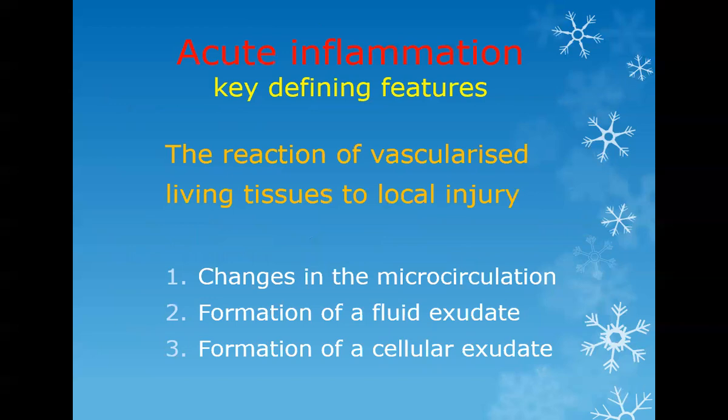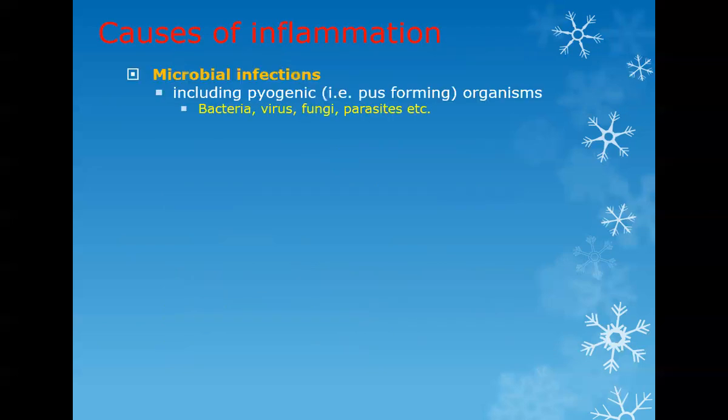As we said, normally the blood is supplied by the vessels. Then there is formation of fluid exudate. Fluid is coming out, and also cells are coming out, the cellular exudate of inflammation. Normally a certain amount of fluid goes out and then comes back in, but in inflammation it's a little bit more.